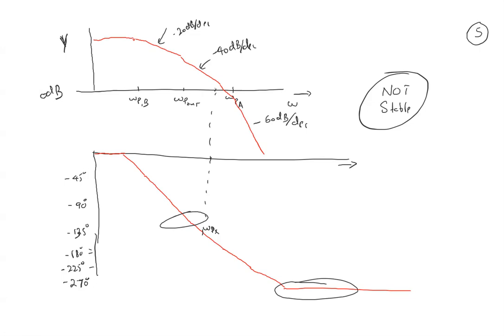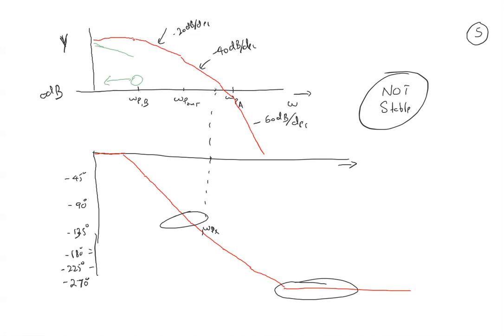So we want this to happen earlier, meaning we want this pole location to go this side. That's what we were saying: we want the dominant pole to move more towards the left-hand side.